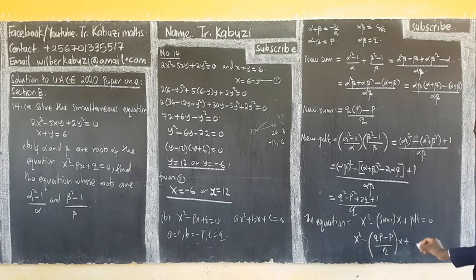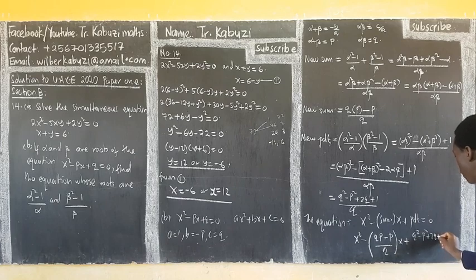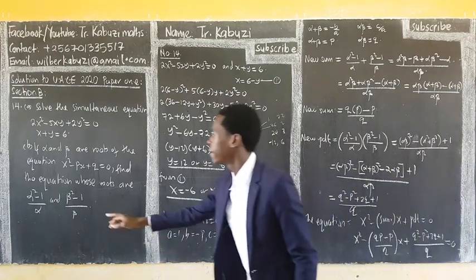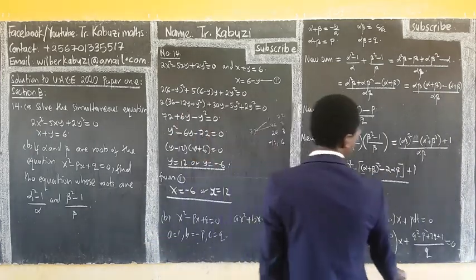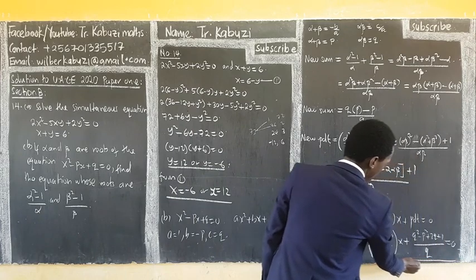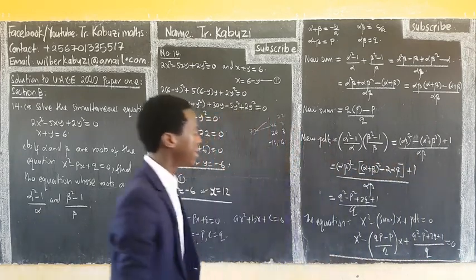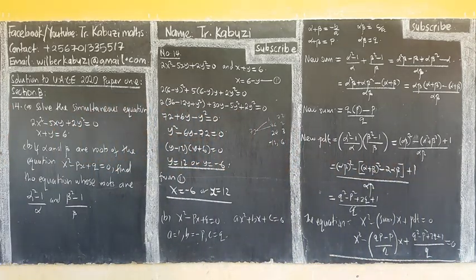Our product is here, it is q squared plus 2q plus 1 over q, equaling 0. So now these roots are forming this equation here. As simple as that. So that's what you had to do on that number if you are a student.